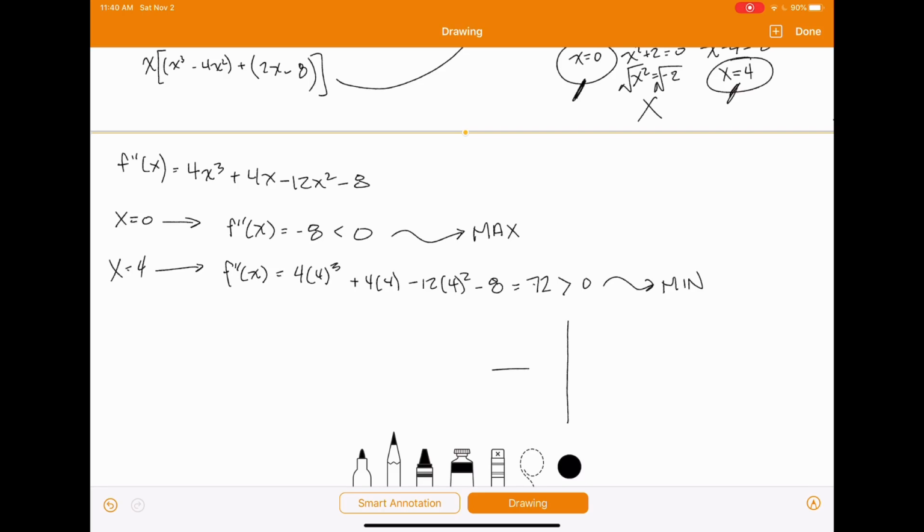So on our graph, we're going to cross at 0 and then 1, 2, 3, 4. All right, we're going to have a max at 0. So we're going to have a curve that opens down at that point. And then we have a min at 4.